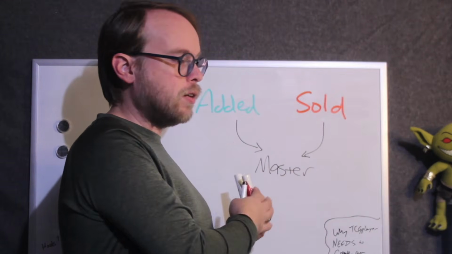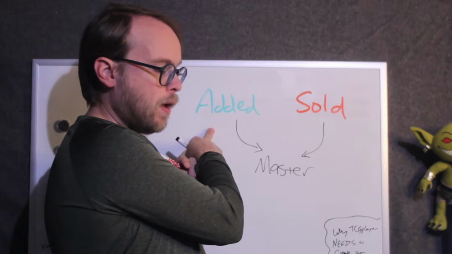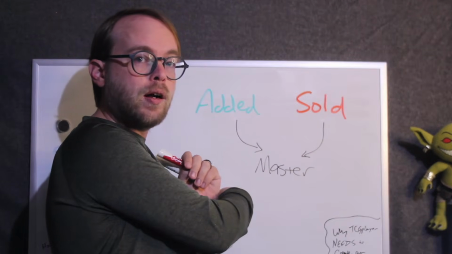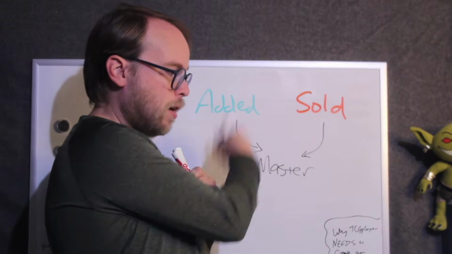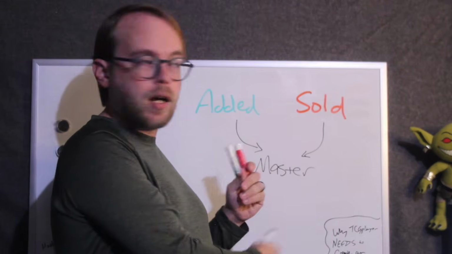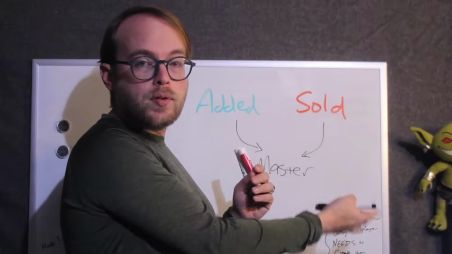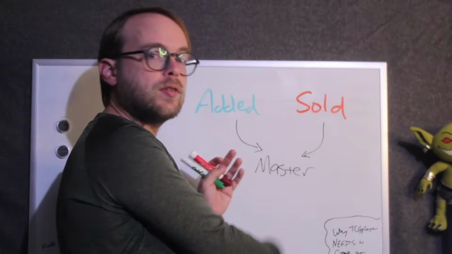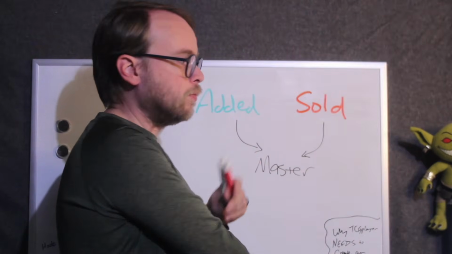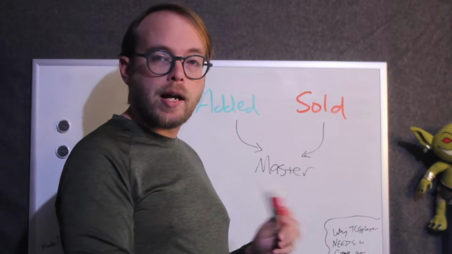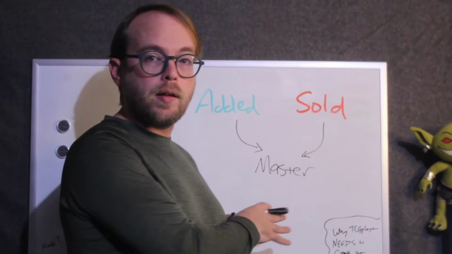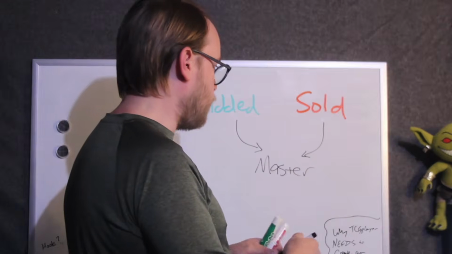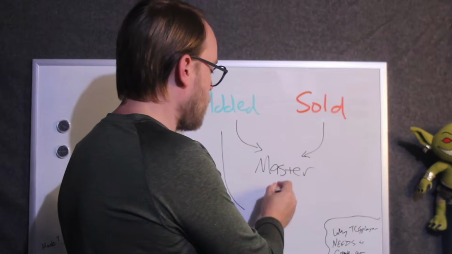So if you add 1 of this card on this day and then 2 a month later and then 10 more another month after that, it'll show you have 13 in stock. But if you sell 7 of those over the course of that time, then it'll remove those from the stock. And then on the master sheet, we're going to calculate a couple of interesting pieces of information based off of that data.